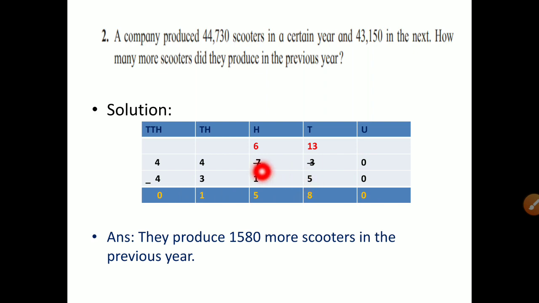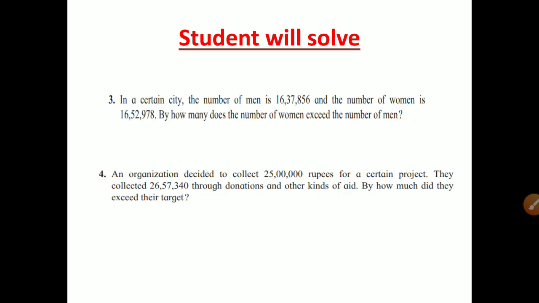We'll borrow from 7. 13. 13 minus 5, 8. 6 minus 1, 5. 4 minus 3, 1. And 4 minus 4, 0. The answer is 1,580. They produce 1,580 more scooters in the previous year. Now question number 3 and 4 you will solve in your notebook.